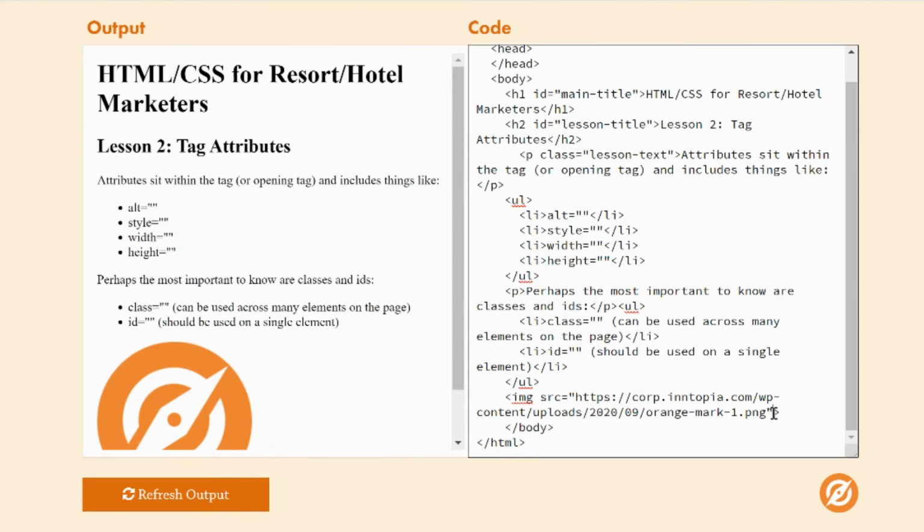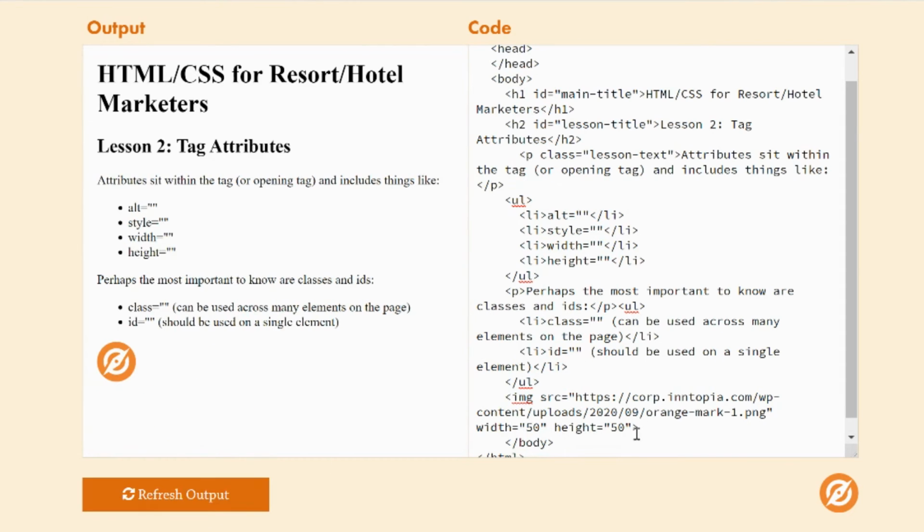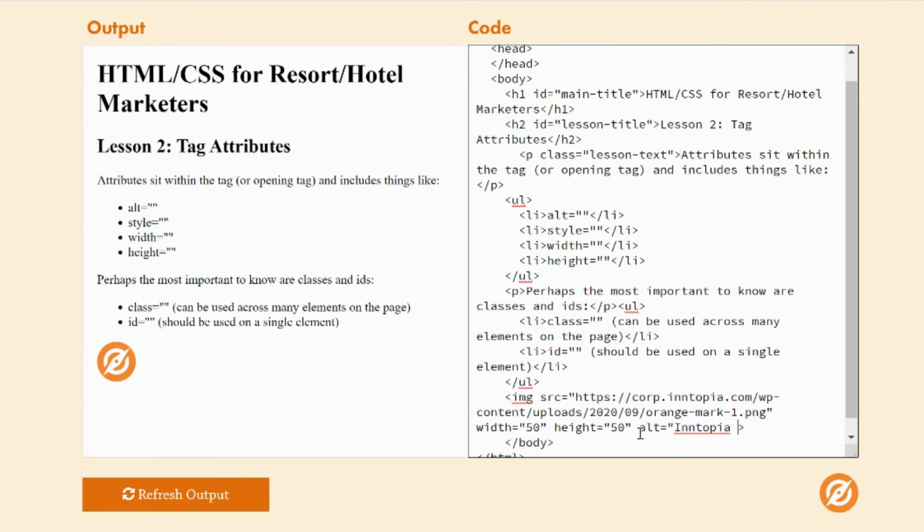Well, we want that to be a little bit smaller, so we'll do width equals 50 and height equals 50. And this is an image, so let's put an alt tag of Inntopia mark. Now, if the image didn't load or something happened, it would show Inntopia mark in this area right here.